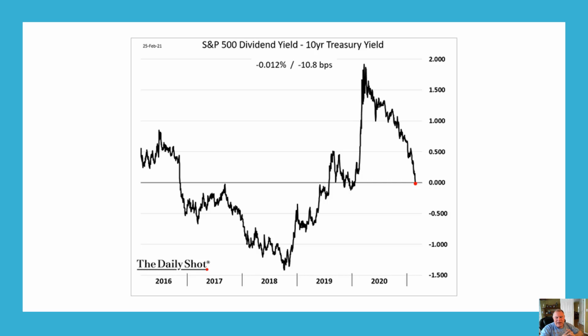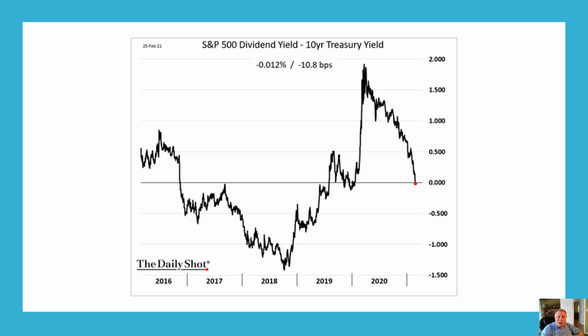One of the things that we have seen is the financial markets have been very volatile over the couple of weeks. We've seen it increase dramatically in the first couple of weeks of February, where it went up a lot, and then we've seen it pull back quite a bit last week. And one of the things that people are concerned about is inflation and rising interest rates. One of the things that is interesting to note is that when the S&P dividend yield is greater than the Treasury yield, it's better to have money in equities because you can earn more on dividends.